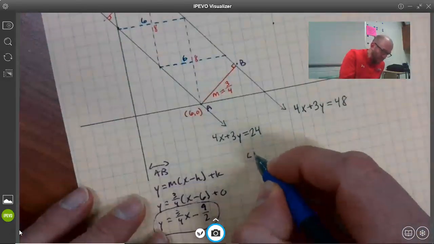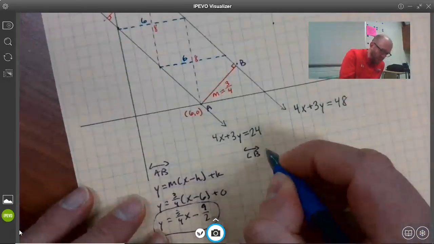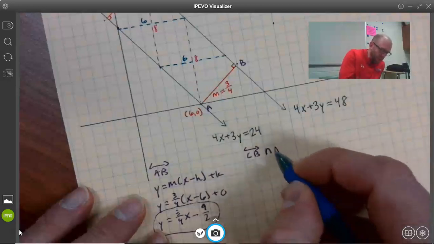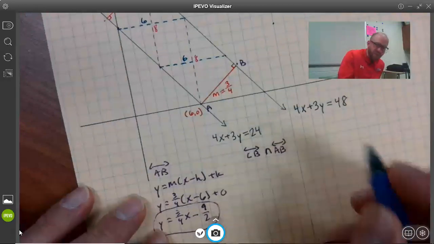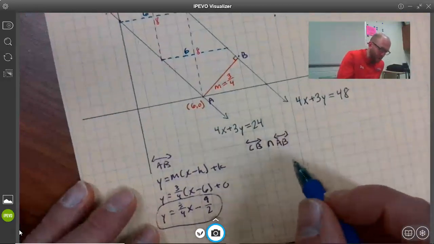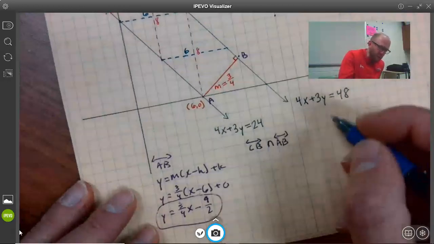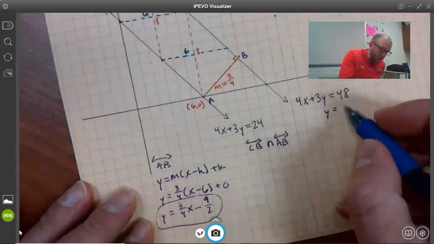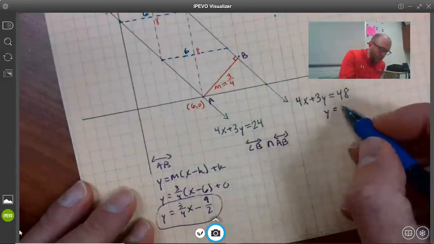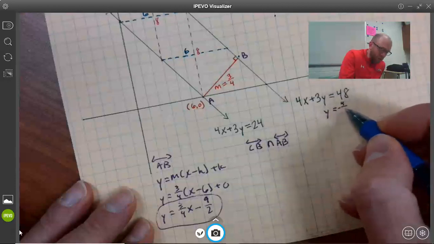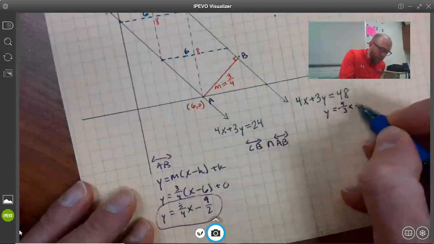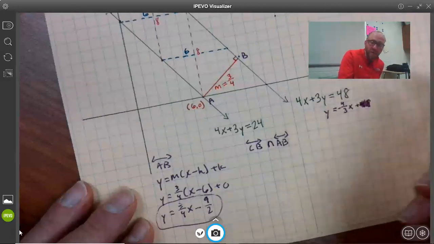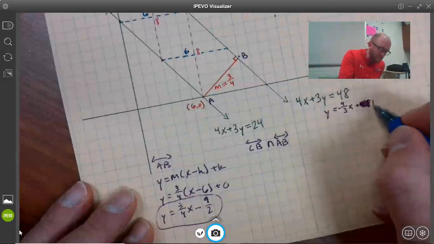We want CB intersected with AB, or basically finding point B. Our equation for CB, written in y = mx + b form, is y = negative 4/3 x plus, oh, not 48, 48 divided by 3, which is 16.